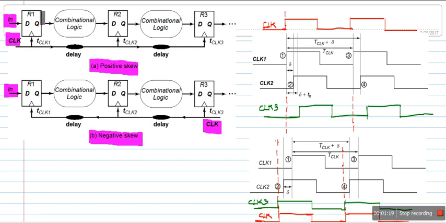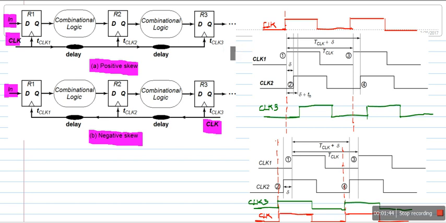In positive skew, the lower order register, R1, is located immediate to the clock signal, whereas the higher order registers like R2, R3 and R4 and so on are located some distance from the clock signal.